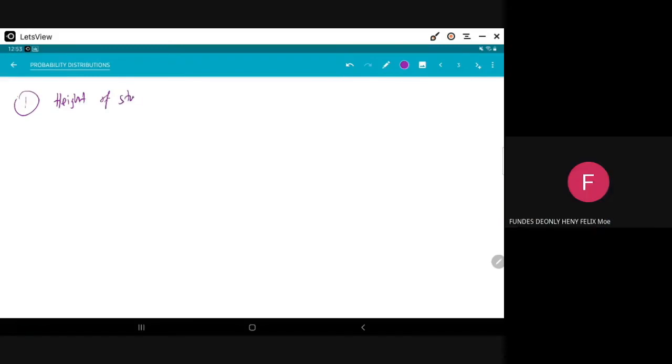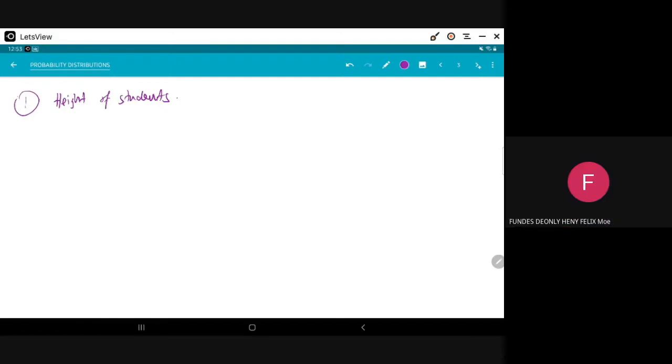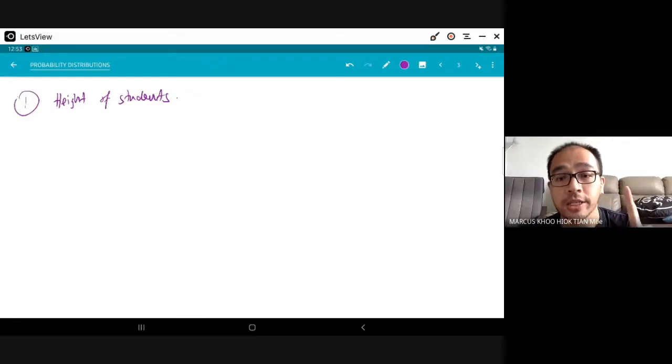Is it a discrete or continuous random variable? Continuous random variable, because it is measuring. You have to measure. Very good. So this is called a CRV, continuous random variable. Good.